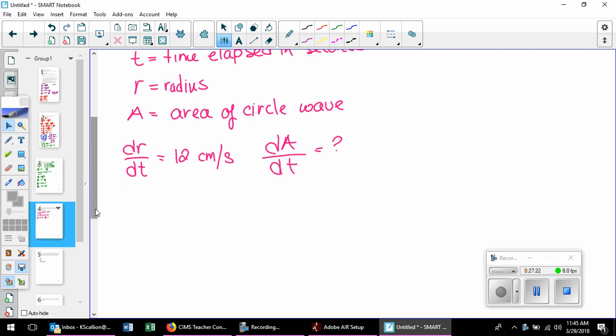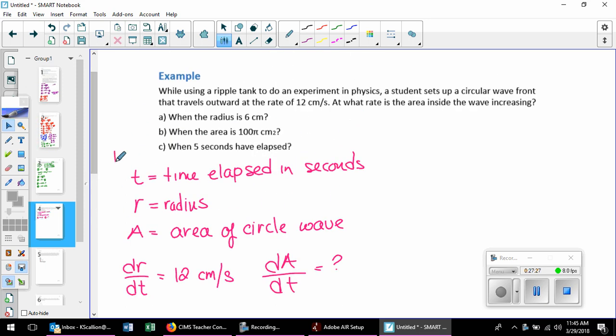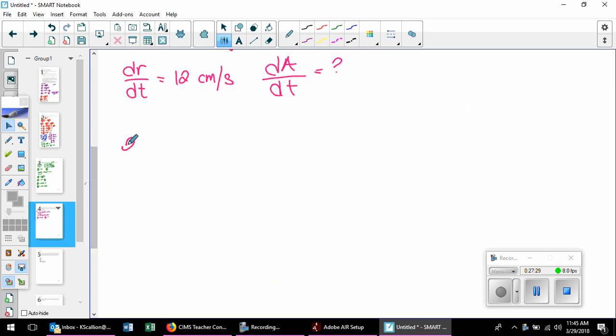But what won't be different is our equation. So step one, we're defining our variables. Step two, you're going to create an equation that's relating A to R. So what is the relationship when we're dealing with circles between area and radius?